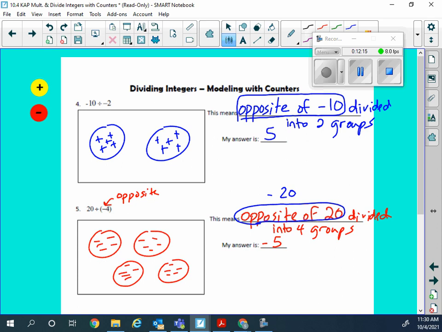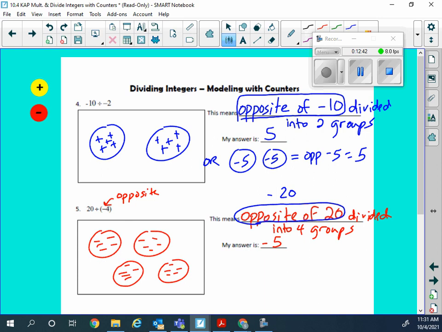Okay, so when we used the word opposite, we had to change the opposite of negative 10. Or another way to look at this one would be if you had 2 groups and you put negative 10, but to get an answer, you would need to do the opposite. So the opposite of negative 5 would be positive 5.